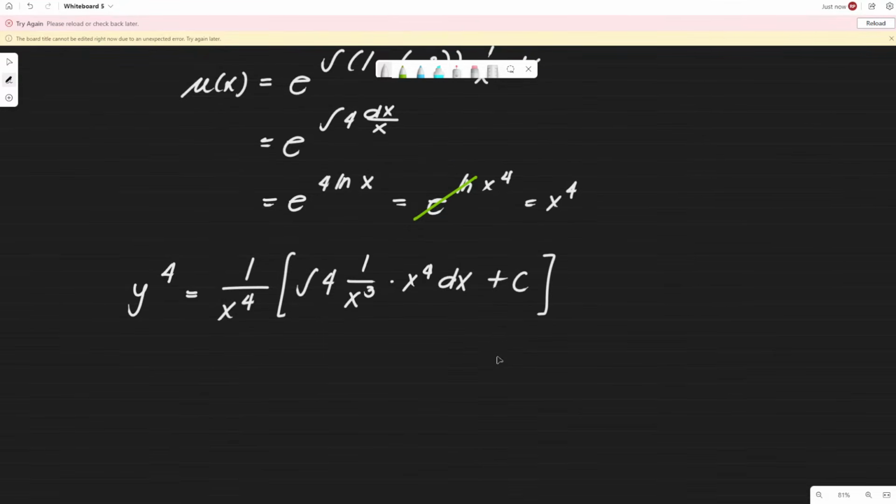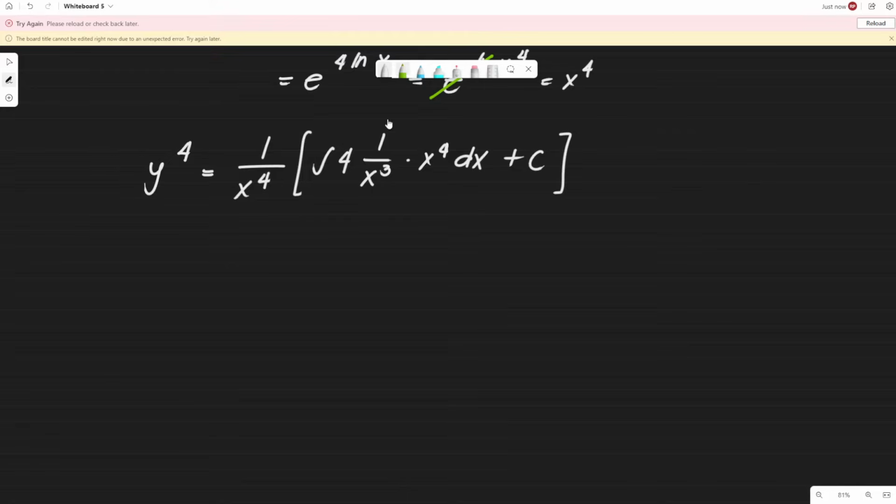So cancel this; 4 minus 3 is 1. So we have 1 over x raised to 4 multiplied to the integral of 4x dx, plus c.